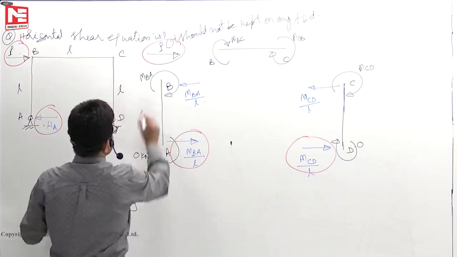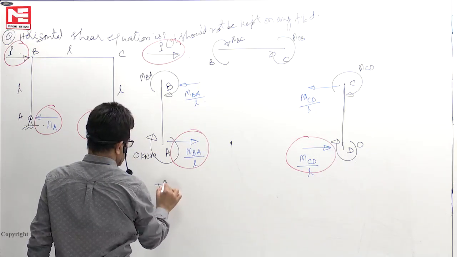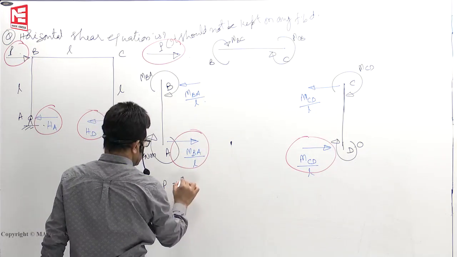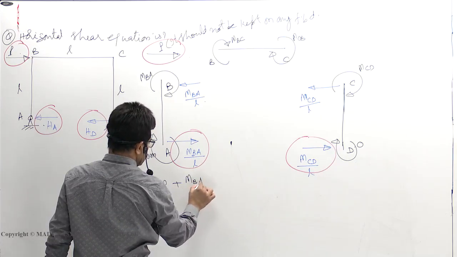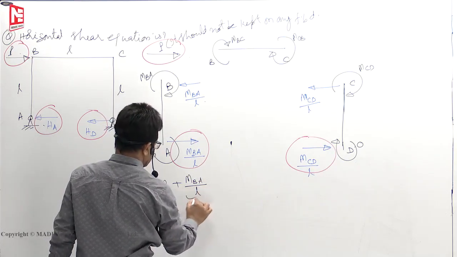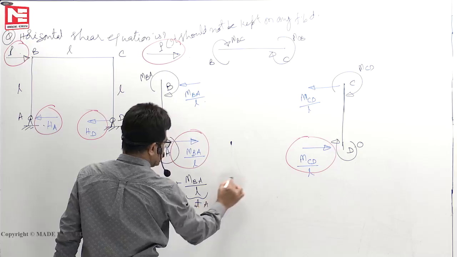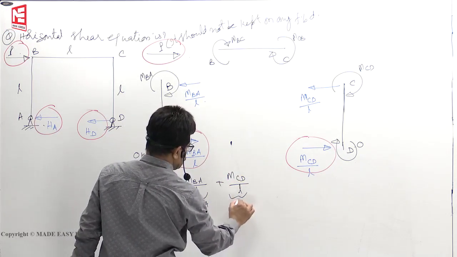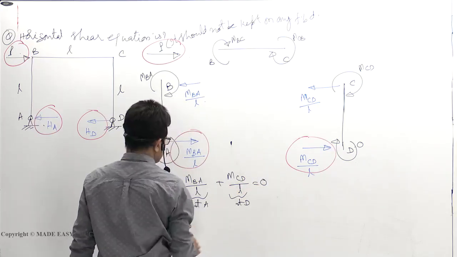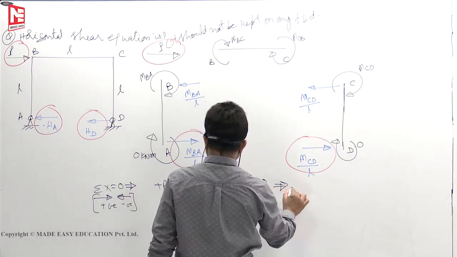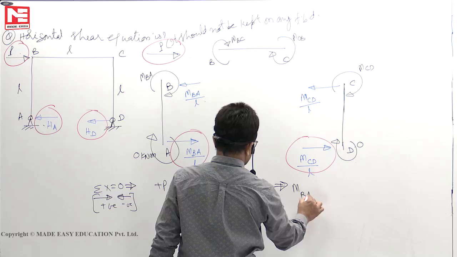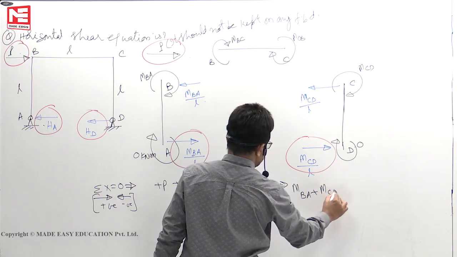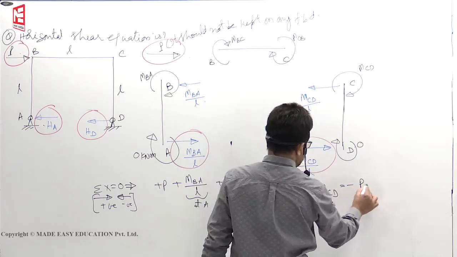So, you will get this is acting right side, so plus P. This also acting right side, so plus MBA by L. This is acting at A. This is MCD by L. This is acting at D, must be 0. So, from this you can write MBA plus MCD is equal to minus P into L.